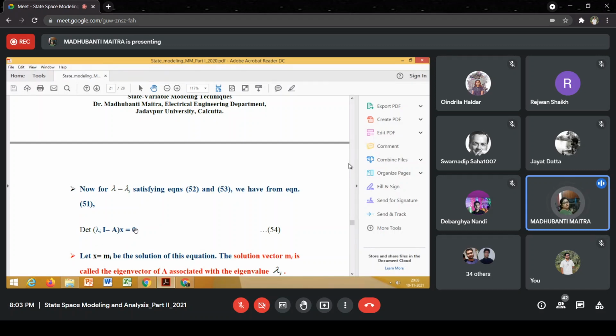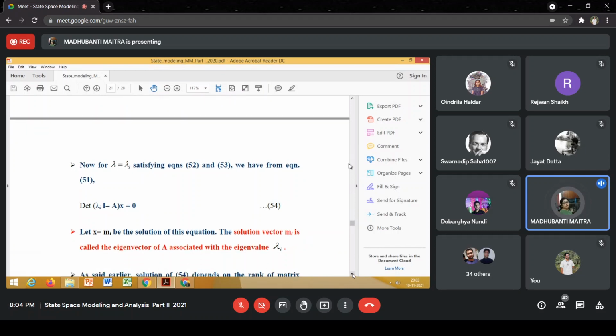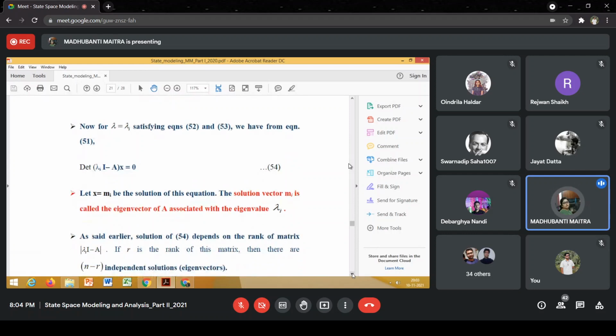One single homogeneous equation of the set of n number of homogeneous equations. So what is our objective? Our objective is to find out the non-trivial solution vector x.